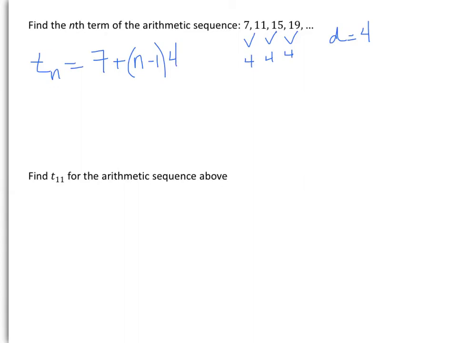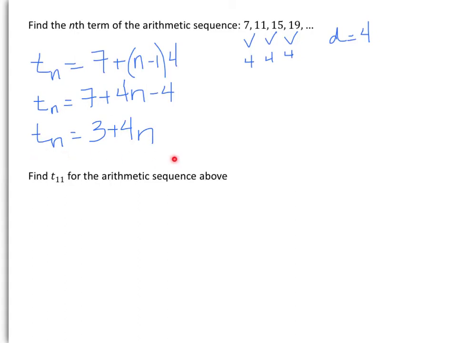You are not going to leave this in the form that it's in. You're going to distribute this 4 so that it looks a little bit cleaner. All I did here was distribute 4 times n, 4 times negative 1. Now I'll combine like terms. So in order to find any term of this sequence, this is what we'll do.